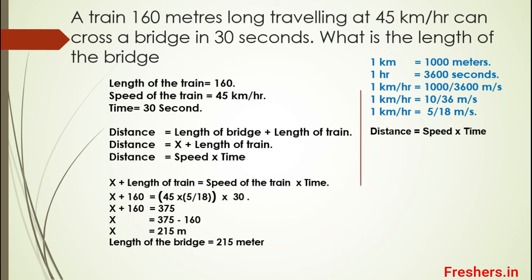So x plus 160 will be equal to 375. So x is equal to 375 minus 160, and the value will be 215 meter. So the length of the bridge will be 215 meter.